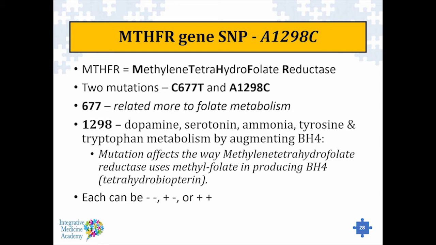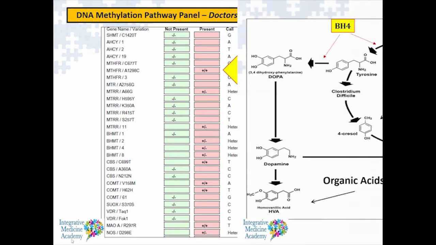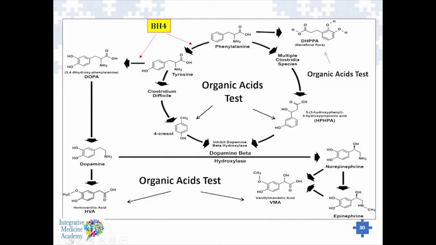And tetrahydrobiopterin, or what's called BH4, is really important because it's a major influencer on neurochemical production. So again, the DNA methylation panel could be used, or these SNPs, for example, can be tested in other ways from other types of lab tests. This is just an example, but this is a way now to start looking at things biochemically on the OAT, and then layering in the genetics to see how the genetics may be influencing some of these enzyme pathways.